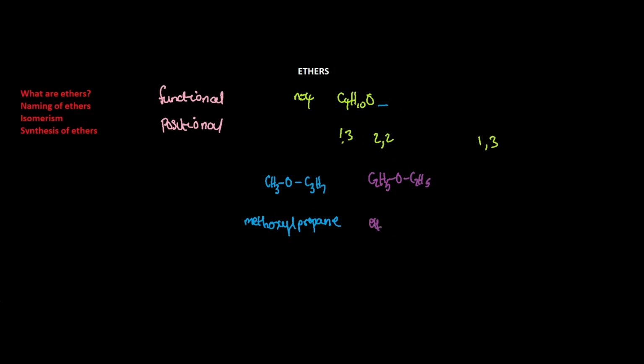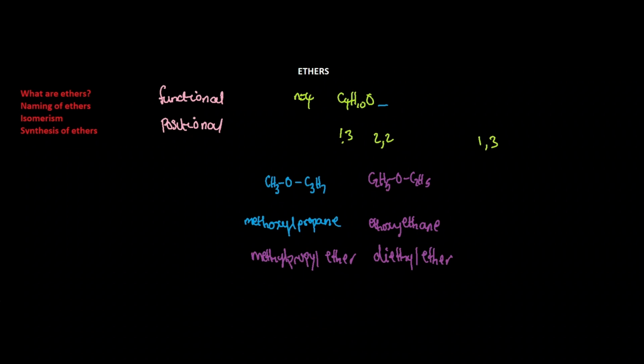Considering any of them to be the longer alkyl chain, we take ethoxyethane, or we can also name it diethyl ether. And of course, this can be named methyl propyl ether.